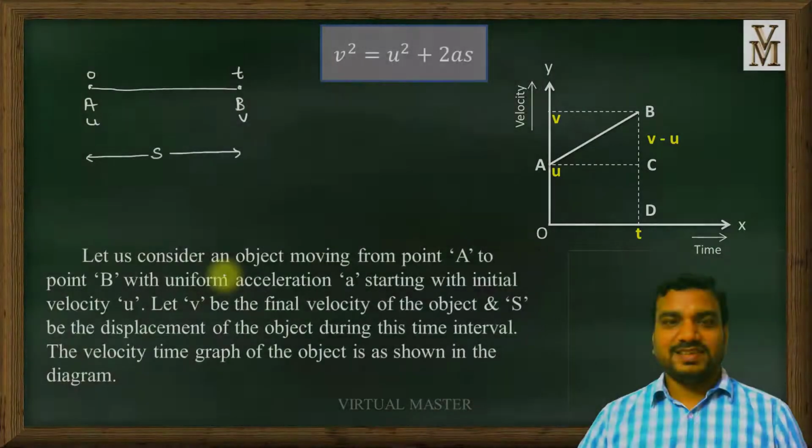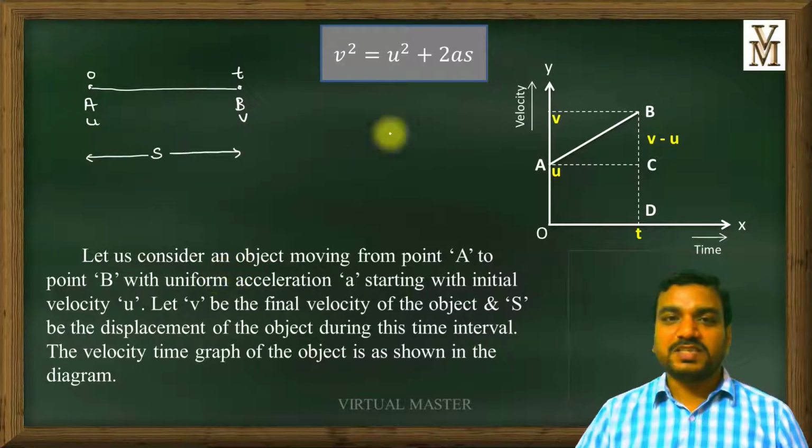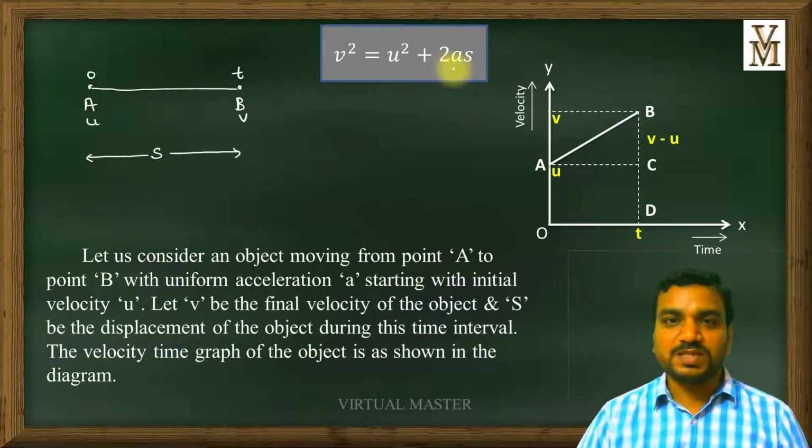Let us derive our third kinematic equation, that is V square is equal to U square plus 2AS.